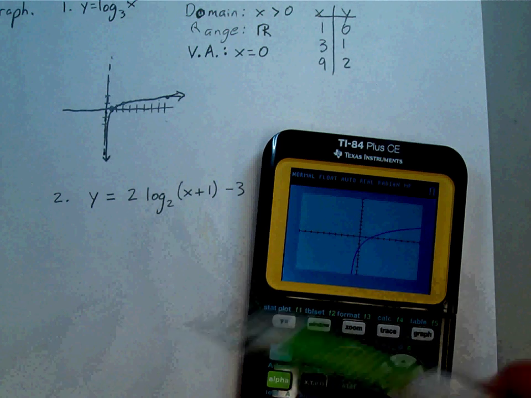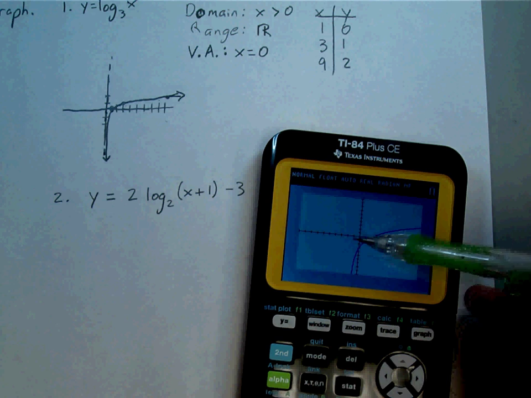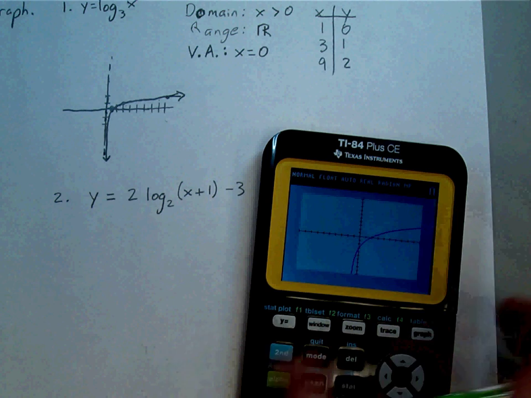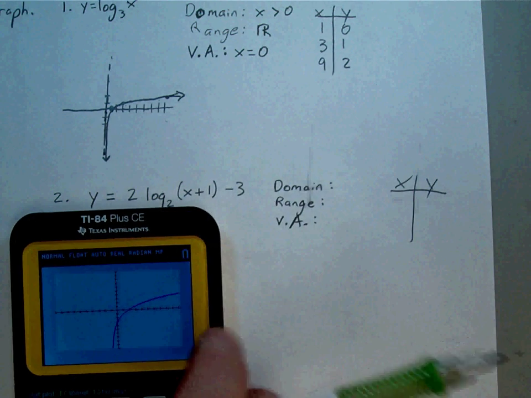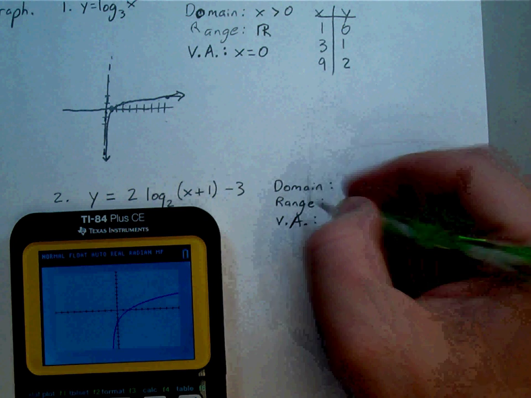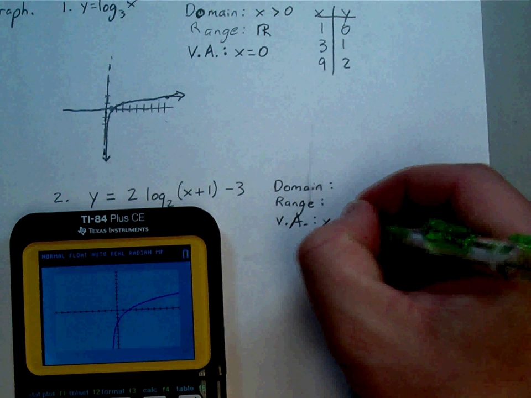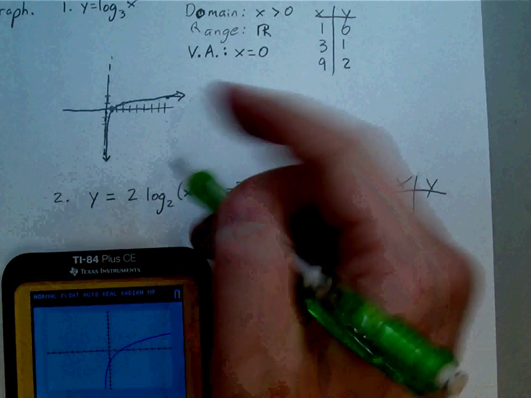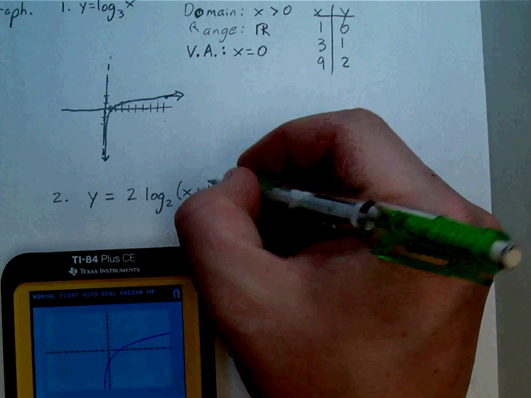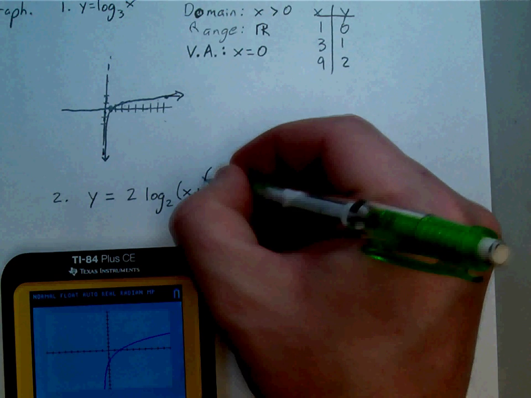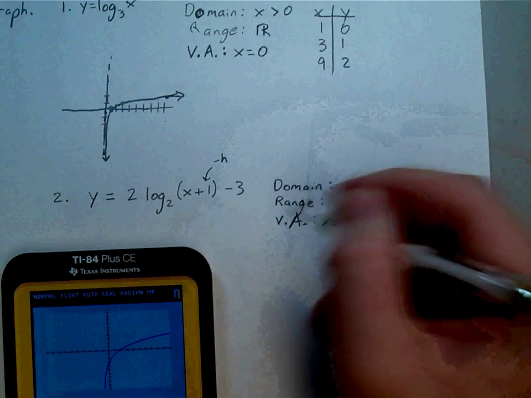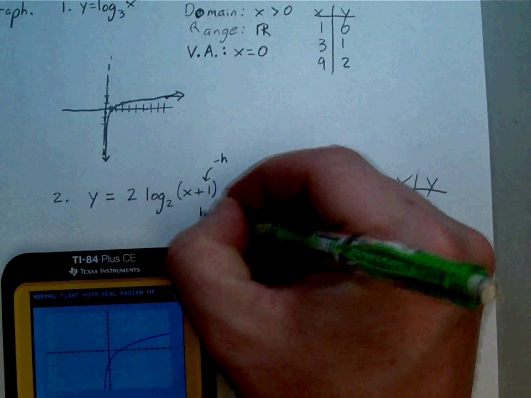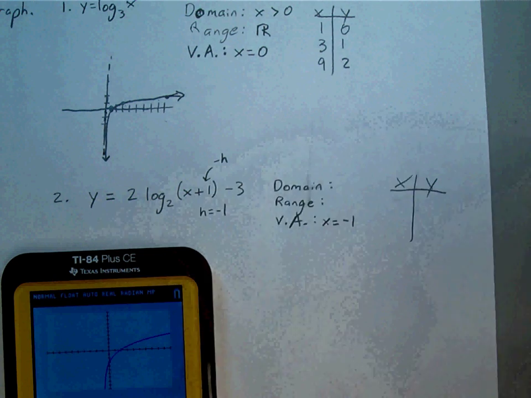So we think of this as a negative one, so it shifted everything to the left one, so it shifted that asymptote 1 unit to the left also. So that means when I come to my vertical asymptote, I'm going to say x equals -1. And it's all because of that h value. That's the opposite of h, that's negative h. So I know in this problem that h is -1.